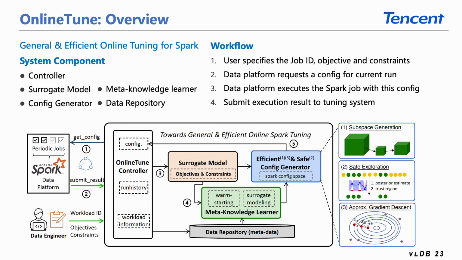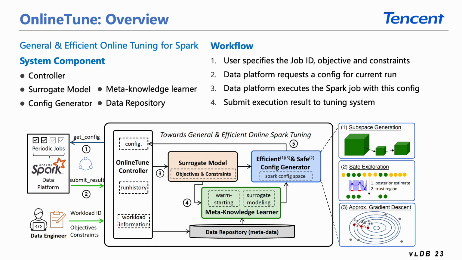After user specifies the tuning objectives and constraints, then the iterative tuning workflow is activated. Before the execution of a periodical job starts, the data platform requests the OnlineTune controller to pass a new configuration for this run.